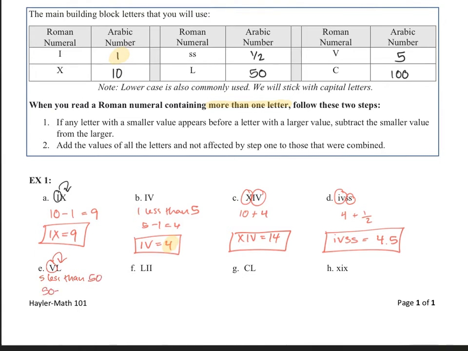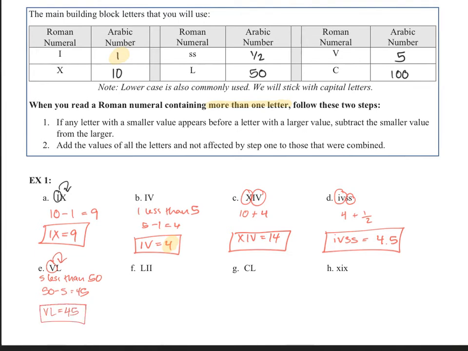So 50 minus 5 is going to be 45. Let me edit this right here so I can keep writing. So VL is 45.